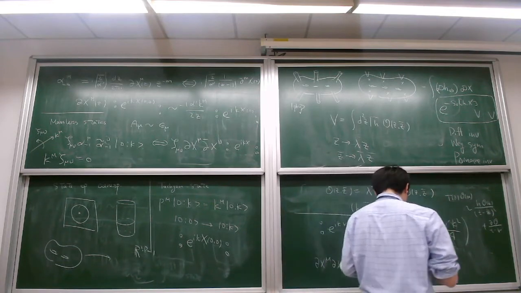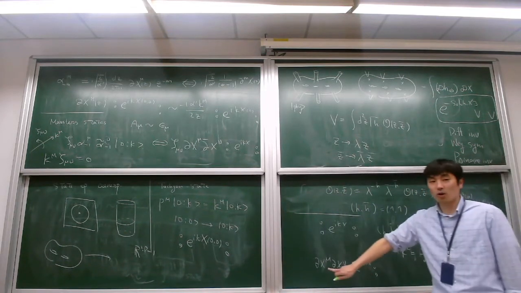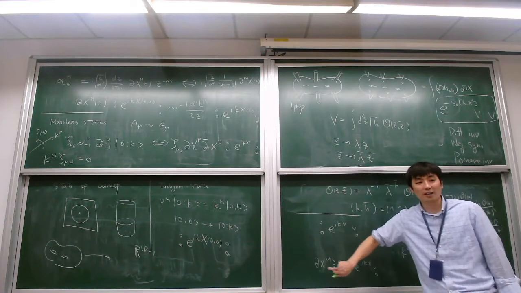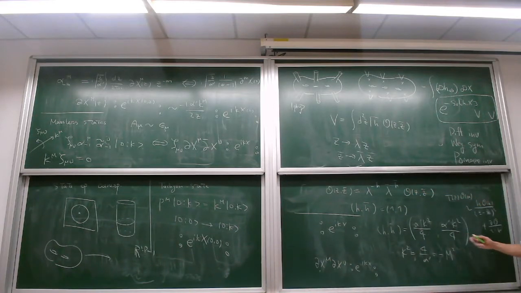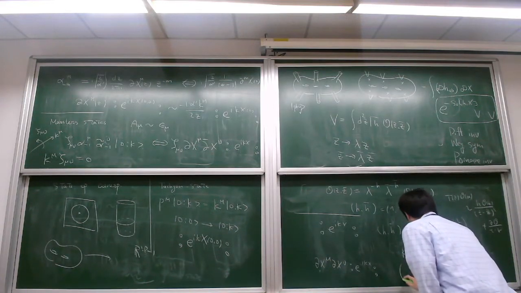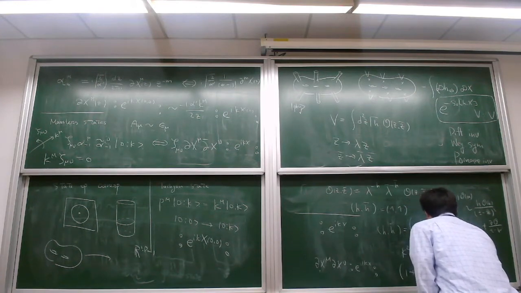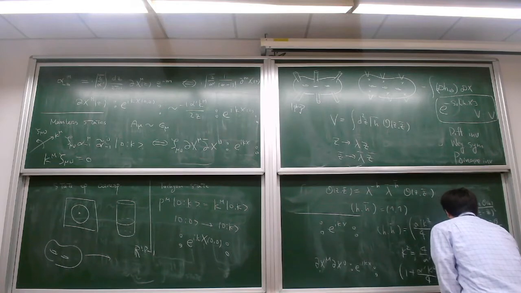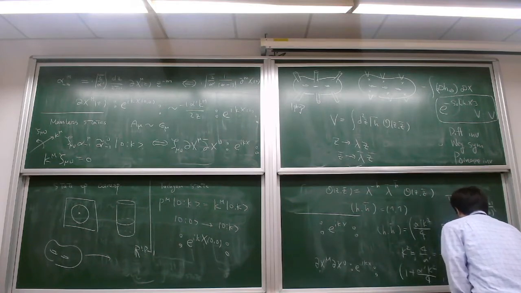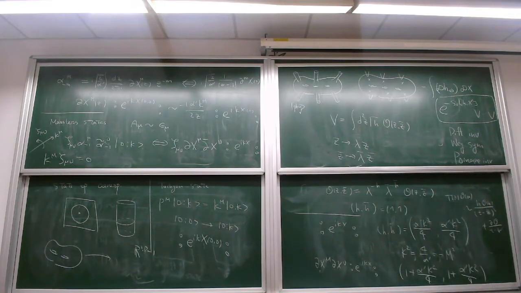The compound dimension is, as you already know, compound dimension 1 plus alpha prime k squared over 4, and again 1 plus alpha prime k squared over 4. So in order for this to be 1 plus 1, k squared has to be 0. Okay?